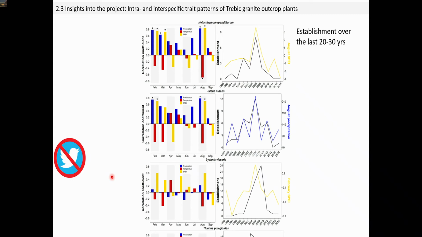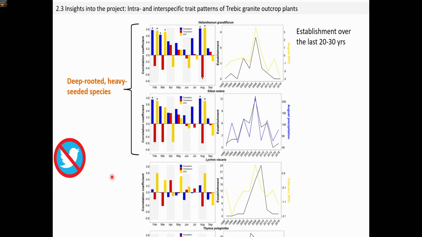So here are some results. This is about the relationship between establishment over the last 20-30 years and the most important monthly climate factors. The blue is precipitation, the red is temperature, and the yellow is the SPEI, which is an aridity index.